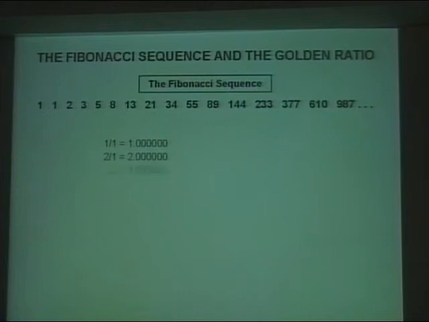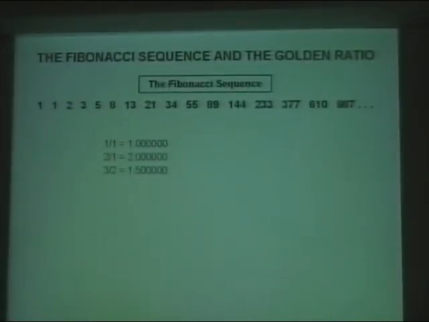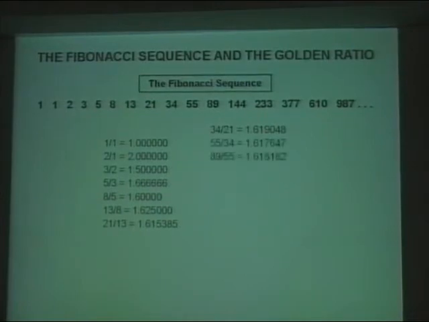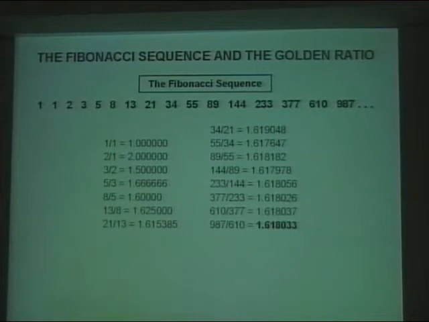And then if we divide 3 by 2, we get 1.5. And then if we divide 5 by 3 and so on all the way through, we get these numbers, all the way up to 987 divided by 610. Now look at these results, please.